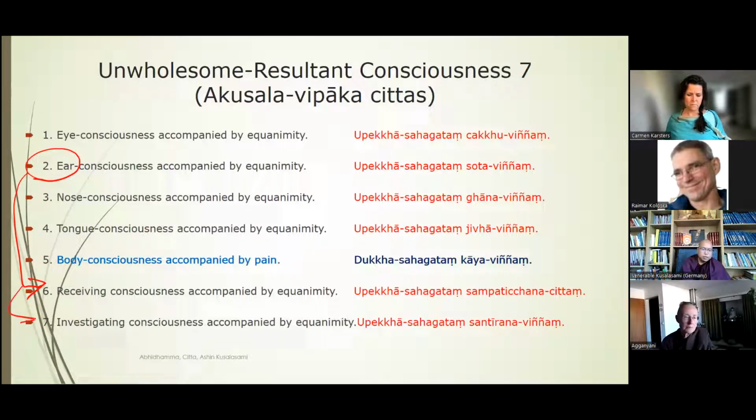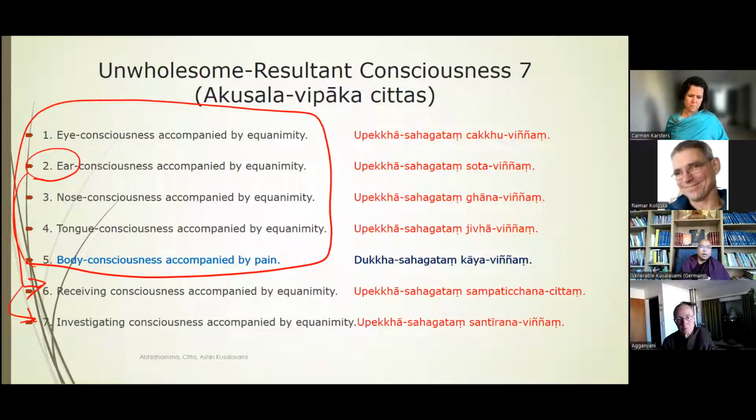So if you have an unpleasant and undesirable object from the eye, ear, nose, tongue, and body, you have to continue to receive it. It's a continuation of these 5. So all these 7 unwholesome resultant consciousnesses are caused by the 12 unwholesome consciousnesses, or unwholesome deeds, the bad karma. So this is unwholesome resultant consciousness.